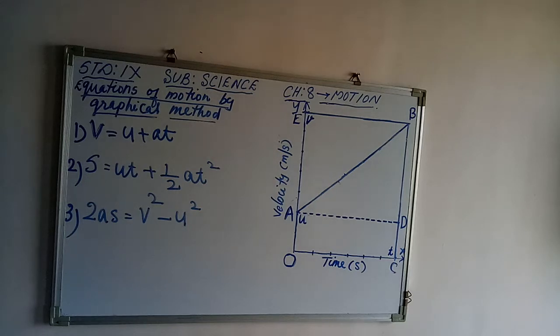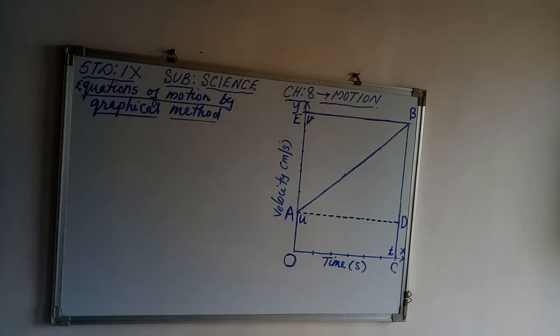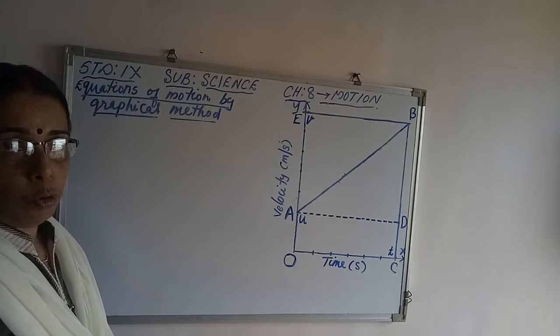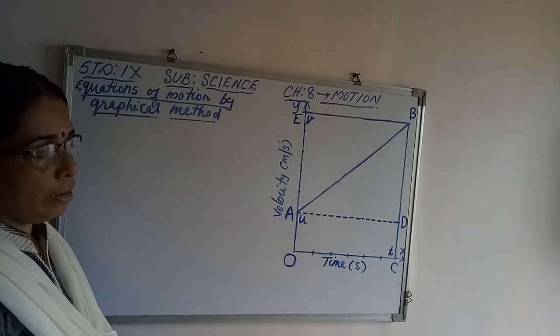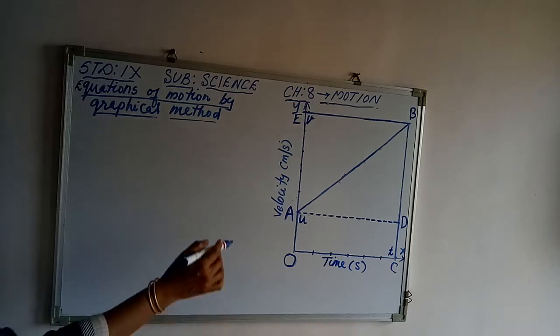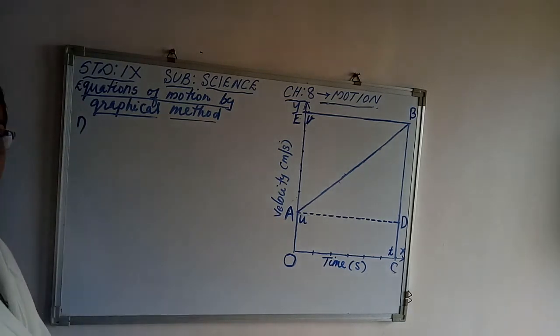First we can derive the velocity time relation, that is V is equal to U plus AT, from the given graph. Here consider the velocity time graph of an object moving along a straight line under uniform acceleration. See, when the object is at the point A, what is the velocity?